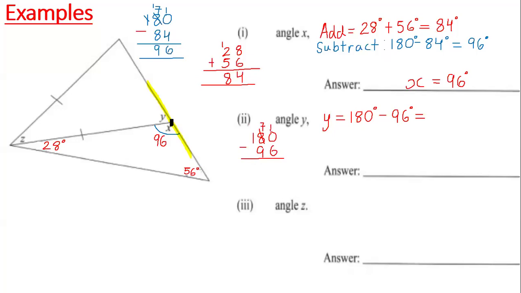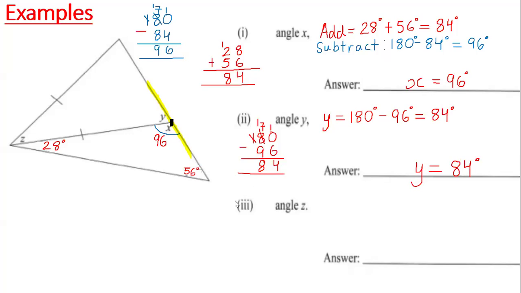So it's gonna be 10 minus 6, which is 4. 7 minus 9, we can't do that. So it's gonna be 17 minus 9, which is 8. And so that means that Y is equal to 84 degrees. Anyone else got that? Let me know, please. Very good. So Y is equal to 84 degrees.